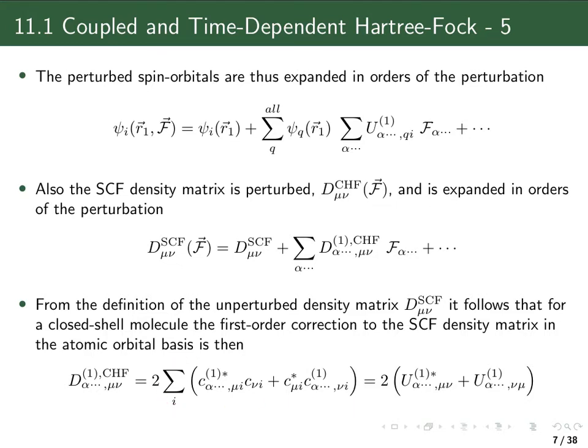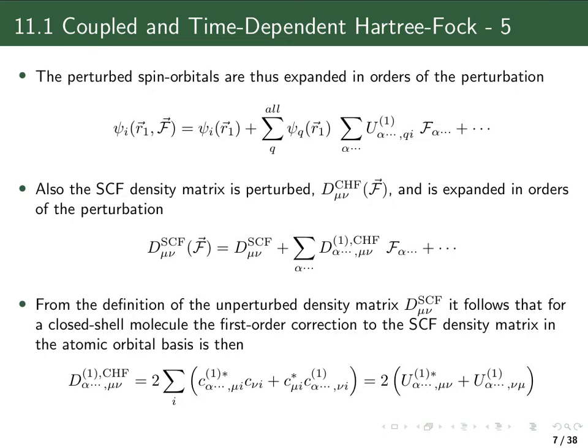It is a sum over all the occupied orbitals, and instead of having just a product of the molecular orbital coefficients, as we would have for the unperturbed density matrix in the atomic orbital basis, we now have one first order molecular orbital coefficient and one zeroth order molecular orbital coefficient, and the other way around combination.